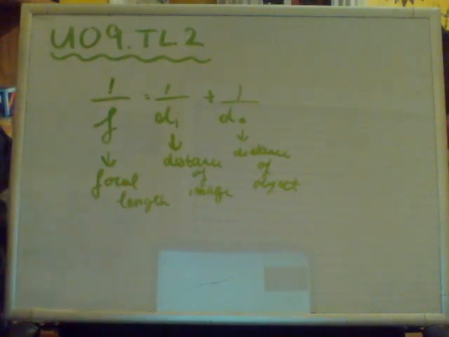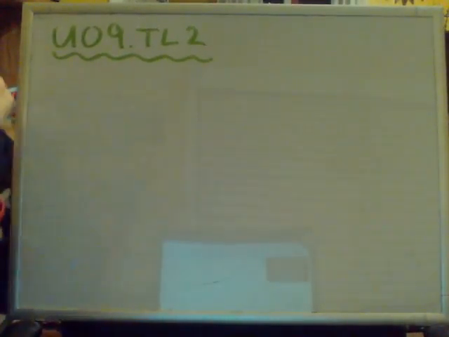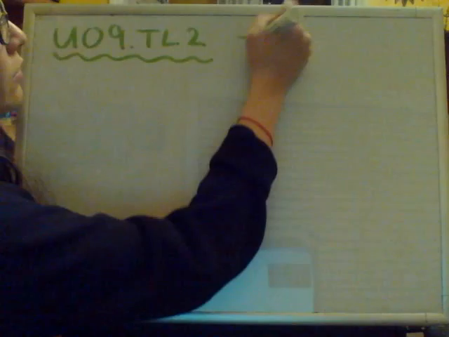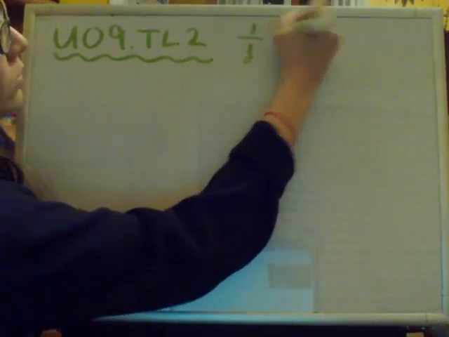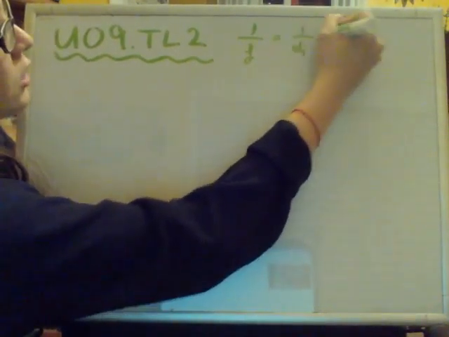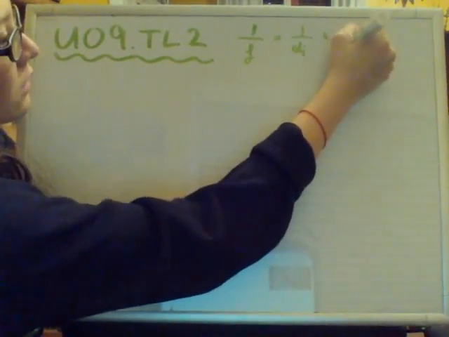So we're going to erase that. I'm going to put it in the top. So it's 1 over f equals 1 over distance of the image plus 1 over distance of the object.